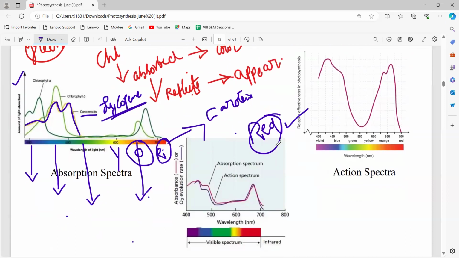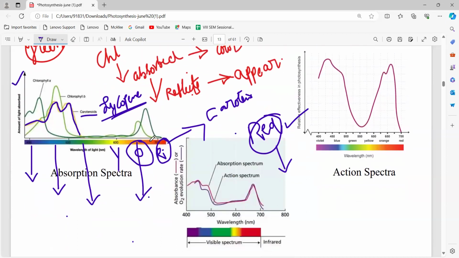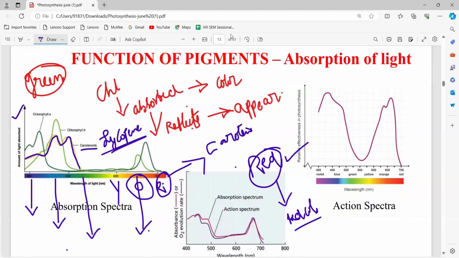You might have observed it. Those types of carotene can reflect a slightly red color. But most of the carrots are orange in color, and some carrots are red. So everything is basically because of the type of pigment that it contains.